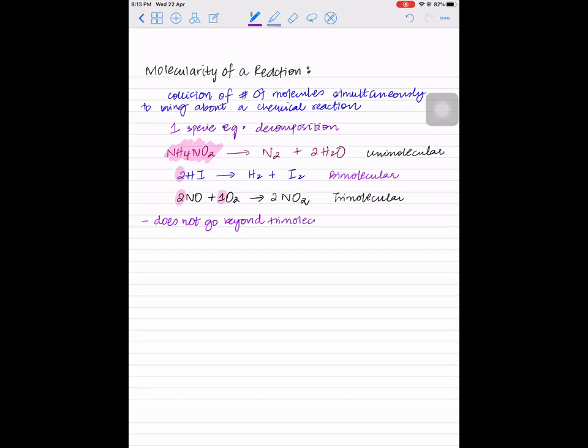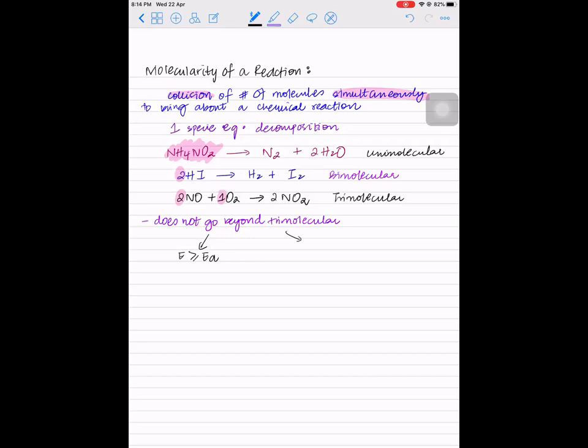And why is that? Because we need them to collide simultaneously. In collisions, successful collisions depend on 2 things. Firstly, all molecules must have energy greater than or equal to the activation energy.